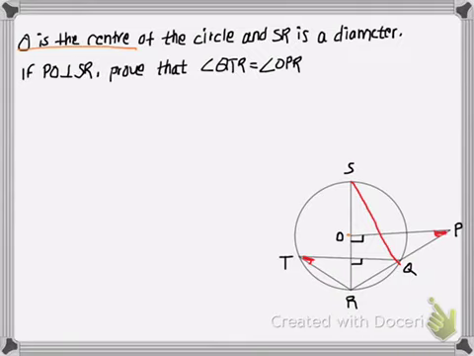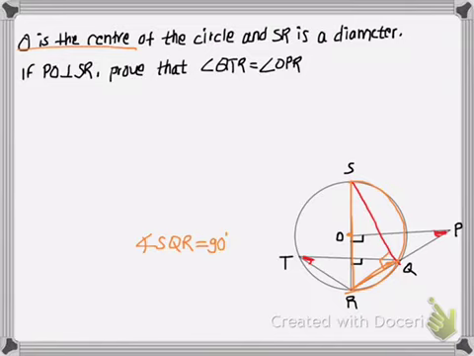We can see here that this triangle SRQ is standing on a semicircle SQR. So this angle SQR must be 90 degrees, since the angle in a semicircle is 90 degrees.